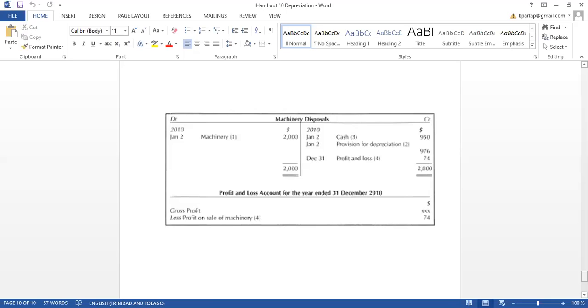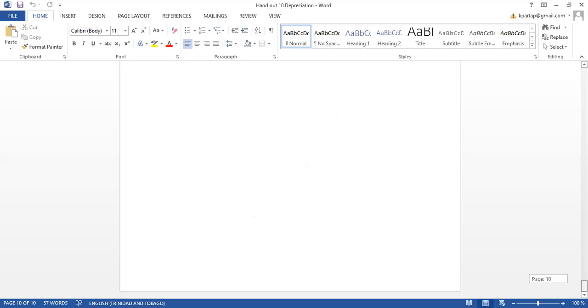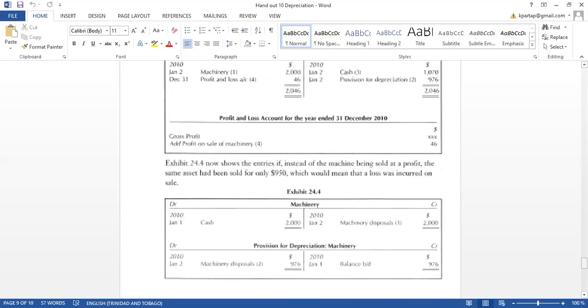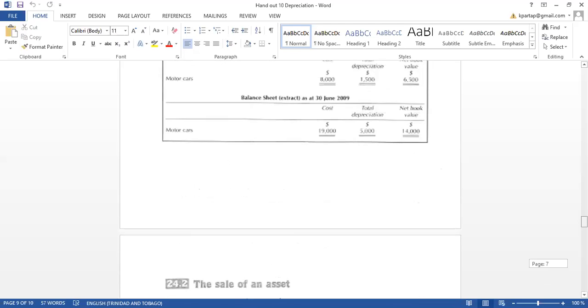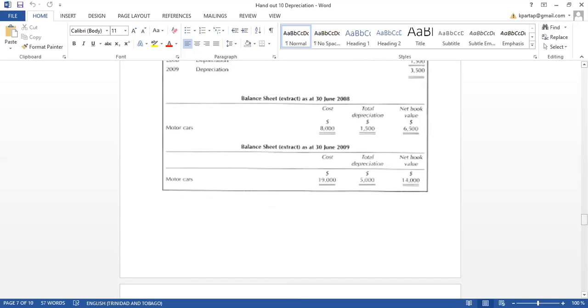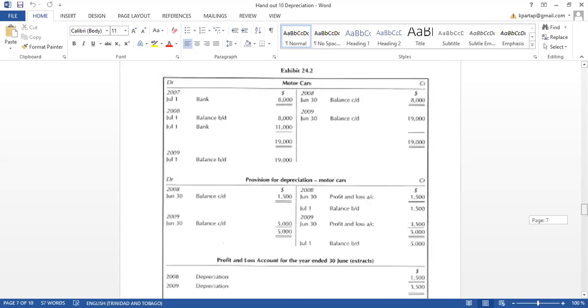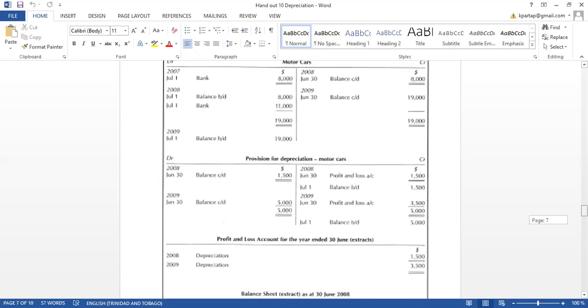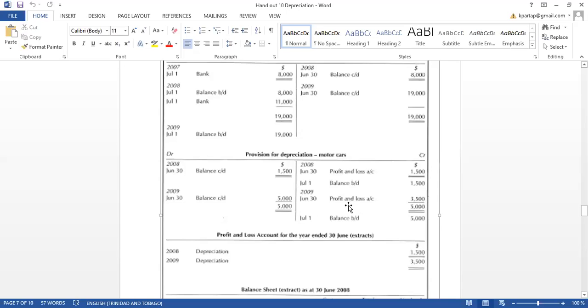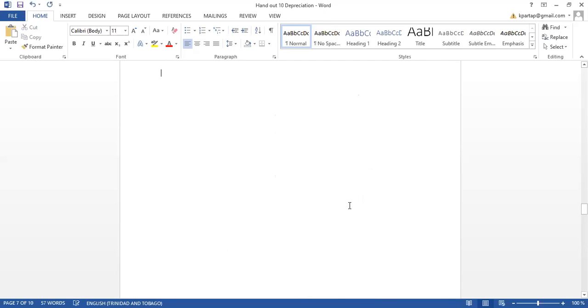So this is just the other side of it, right? As I said, we will ignore the second exhibit, because they mixed up their numbers here in the second exhibit. So take that one off.